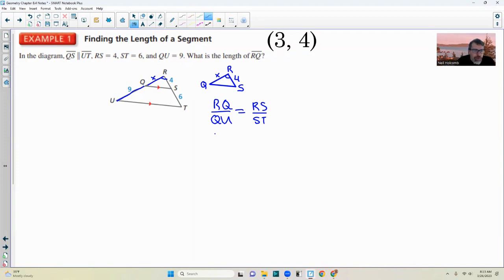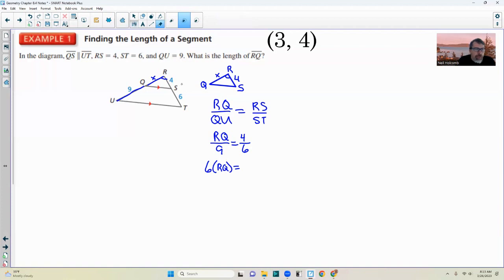We don't know RQ, so I'm just going to leave it: RQ is to QU, which is 9, equals RS, which is 4, over ST, which is 6. When I cross multiply, I get 6 times RQ equals 36.